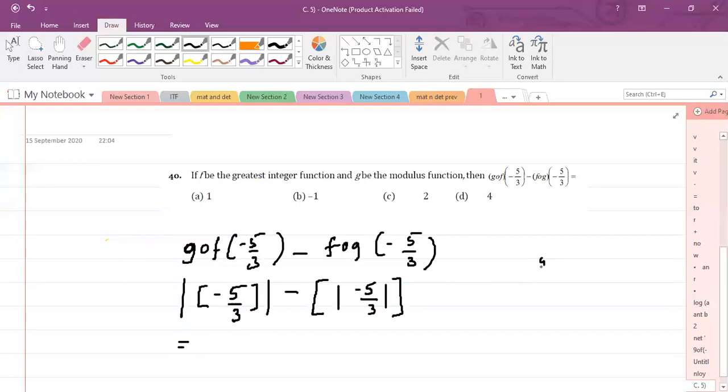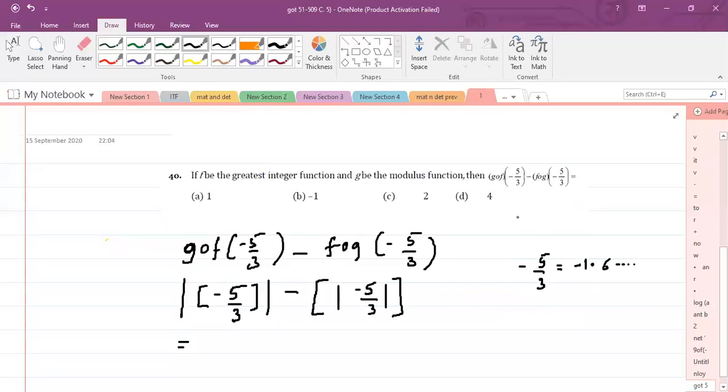Let me find the value of 5 by 3. So 5 by 3 is 1.6 nearly. I don't need the exact value. So minus 5 by 3 is minus 1.6.